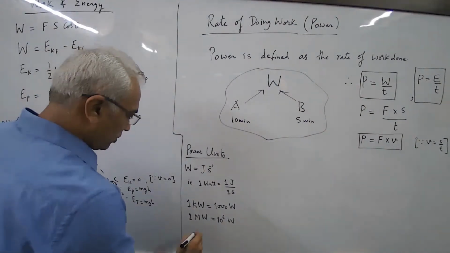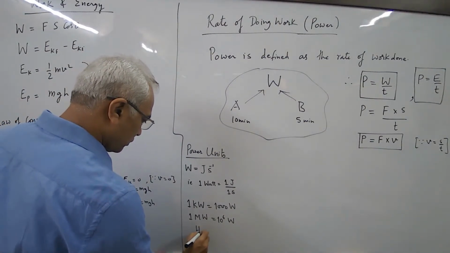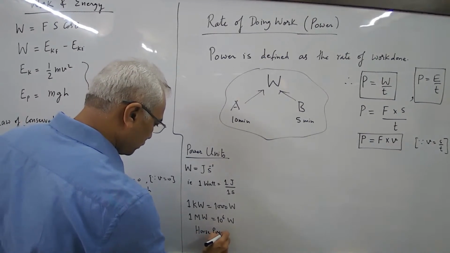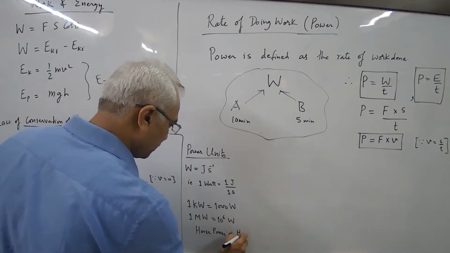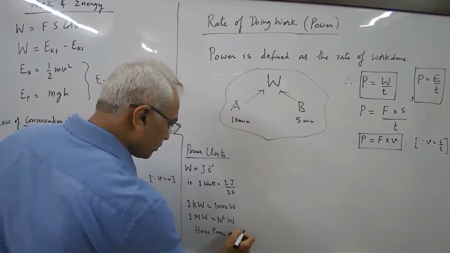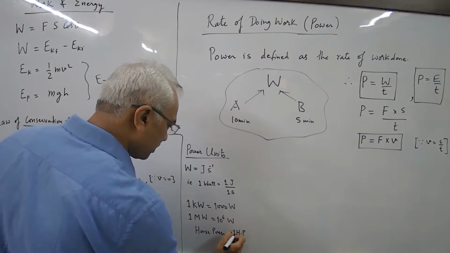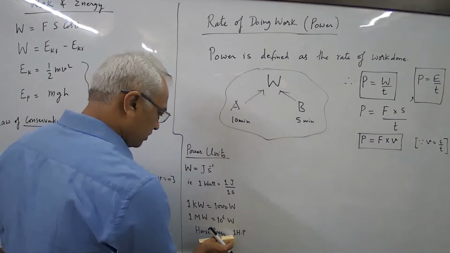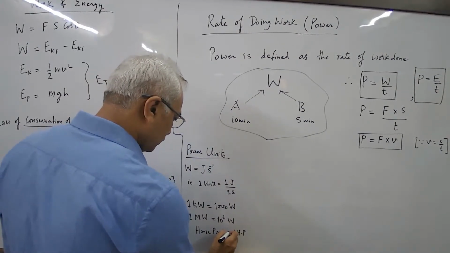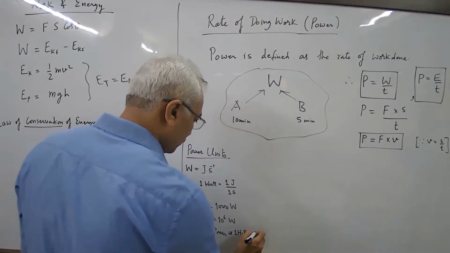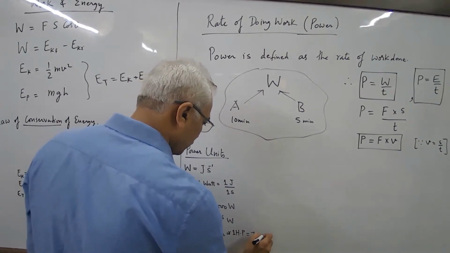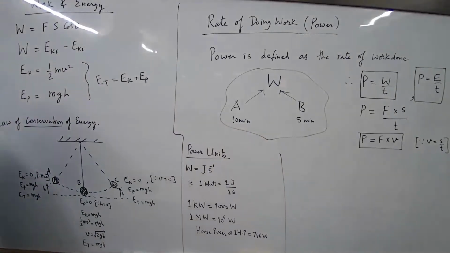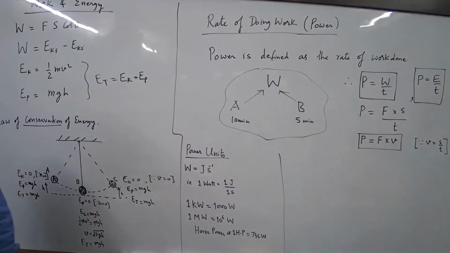Then power has another unit called horsepower, or HP. So 1 HP is equal to 746 watt.